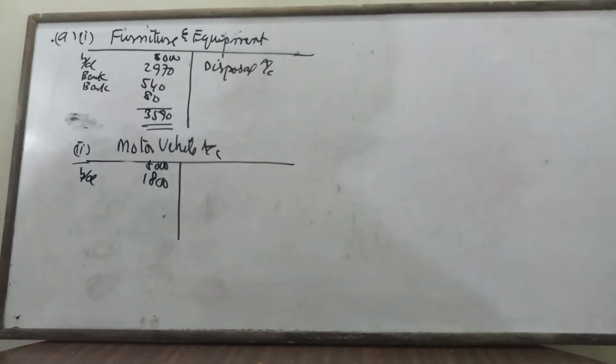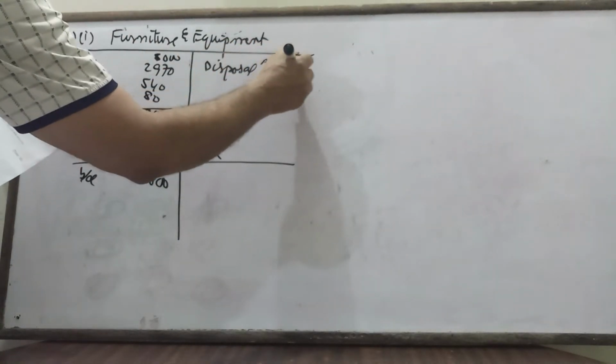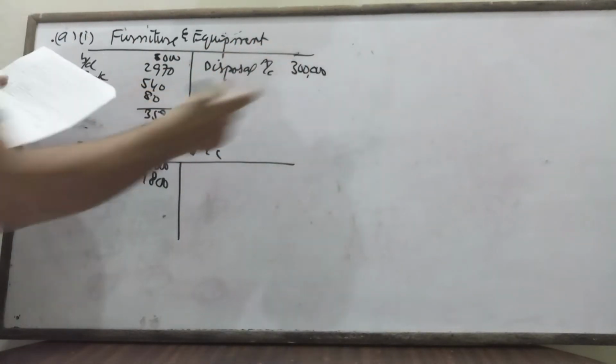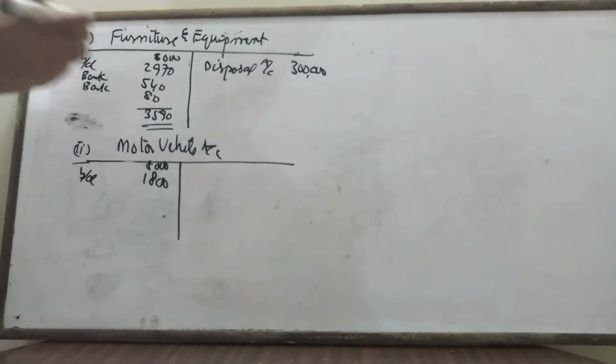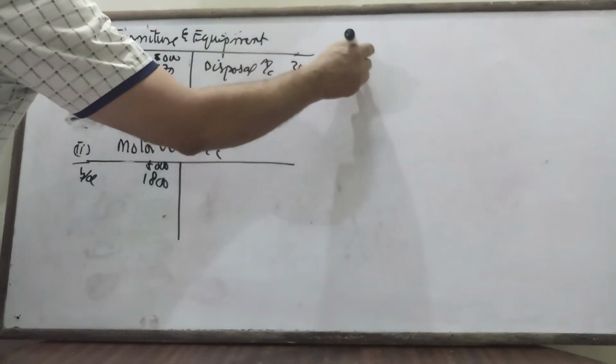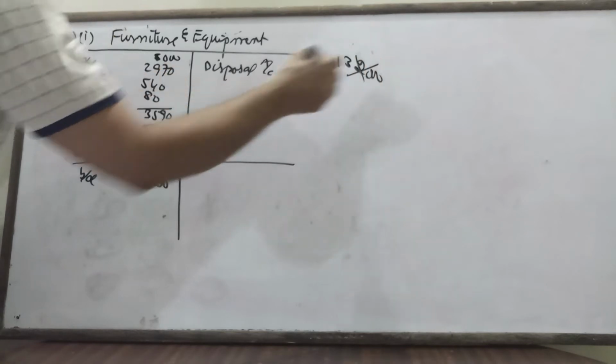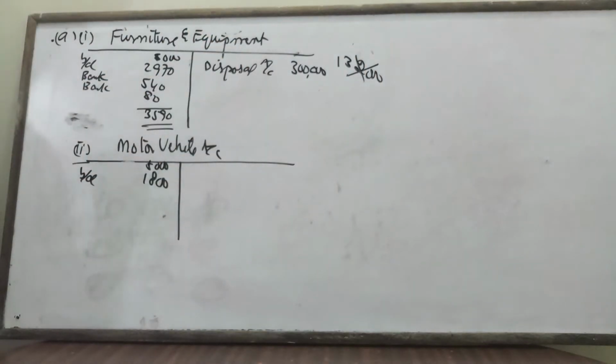So the cost of the equipment was 300,000. However, the equipment was sold for 132,000. That is the selling price, and we will record this in the disposal account, not in the equipment account.